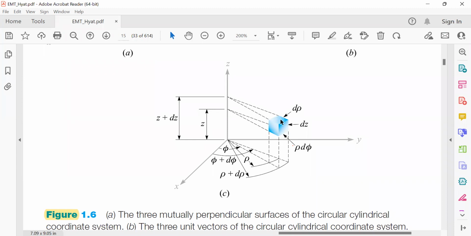Rho d phi d rho. Is that okay? Yes, sir. Very nice. So can I stop sharing? Everybody noted it down? Yes, sir. Very good.